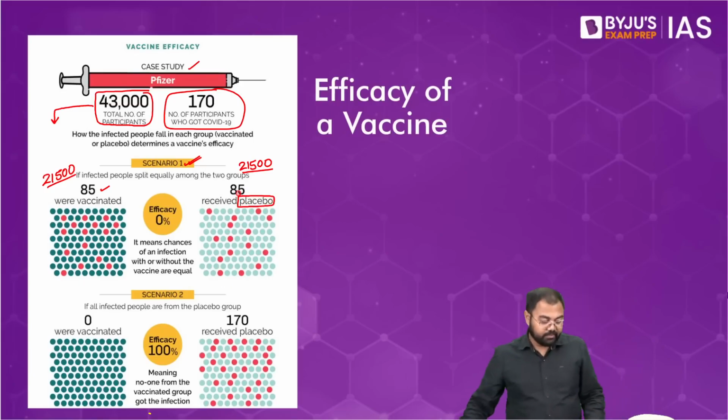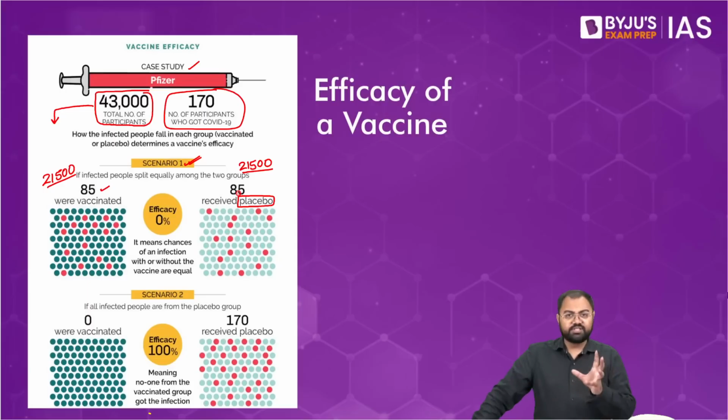So do you know what placebo is? Placebo is something that is not the actual medicine or the vaccine, but rather you are made to believe that that's what the case is. So for example, instead of vaccine, they might be just delivering water through an injection to your body, and you have no idea that you have been administered water instead of vaccine.